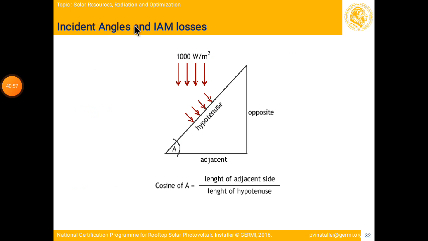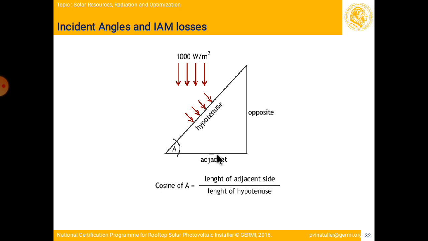Now let us discuss the incident angle and IAM losses. We can determine the losses using this triangle. Over here you can see the placement of the solar PV panel, which is the hypotenuse of this triangle, and this is the opposite side, and this is the adjacent side, and this is the radiation that we are receiving from this side. So you can see that it is the cosine of angle A, the length of the adjacent side.